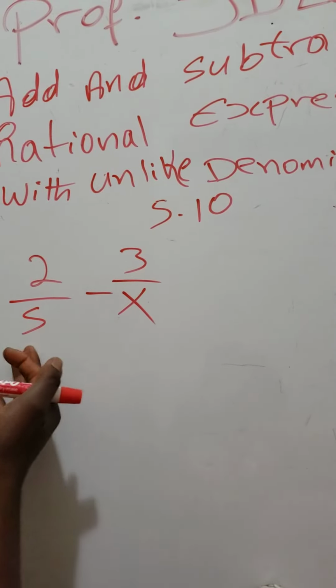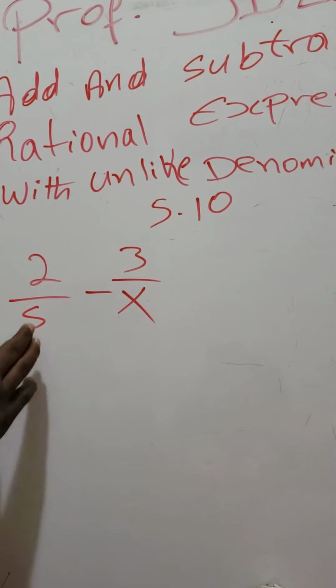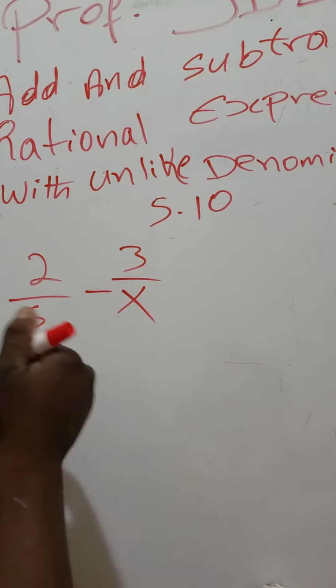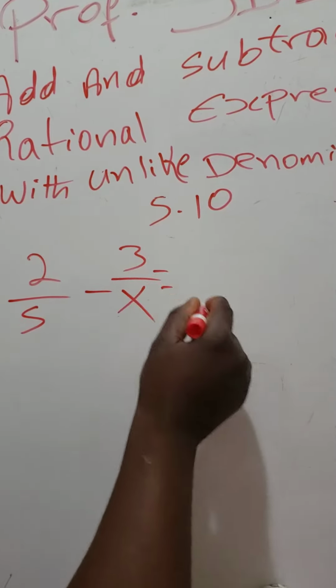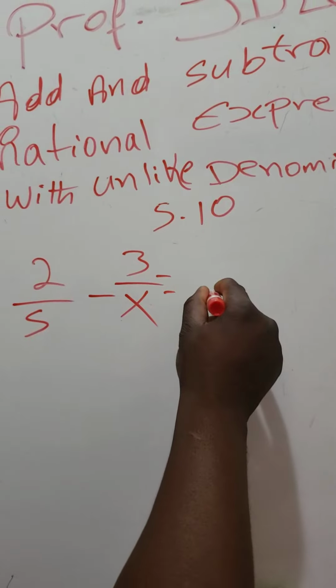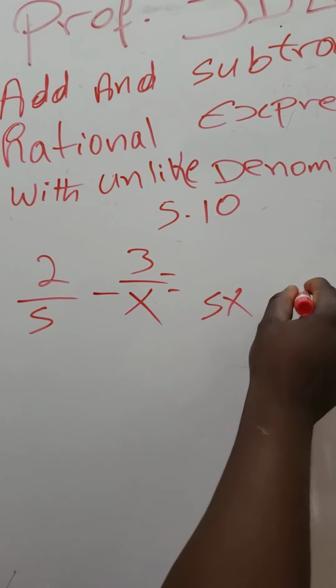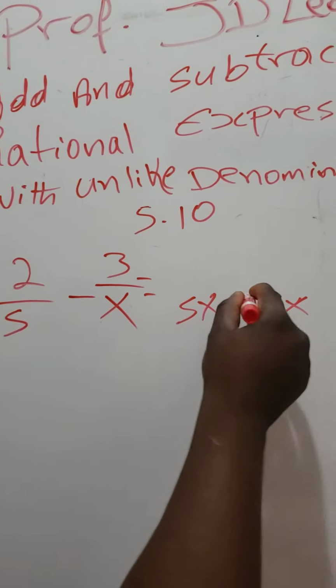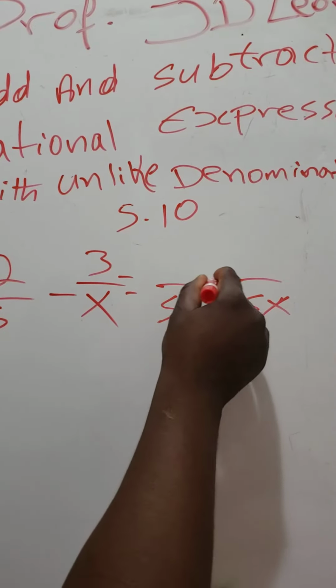But in this case, you have 5 as a prime number, and then you have x, so you can simply multiply the bottom. So it's going to be 5x and 5x. That would be a minus sign.